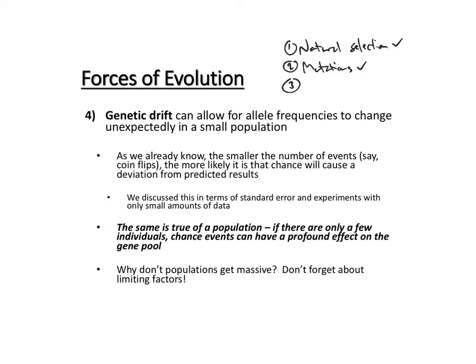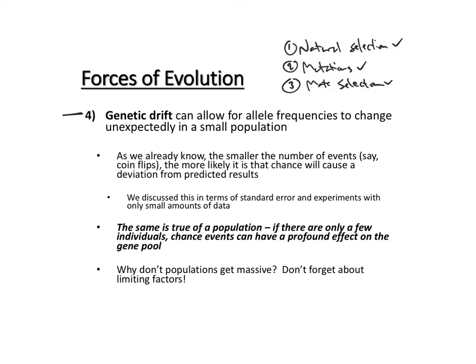And the third thing we mentioned is that a lot of times there is mate selection, right? So mating isn't necessarily random in most populations, but there is something that organisms are looking for in a mate.